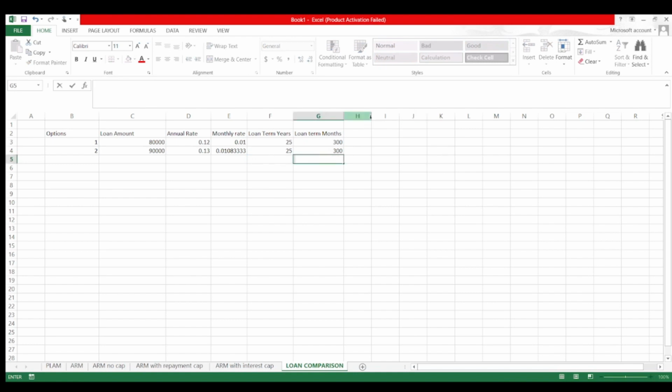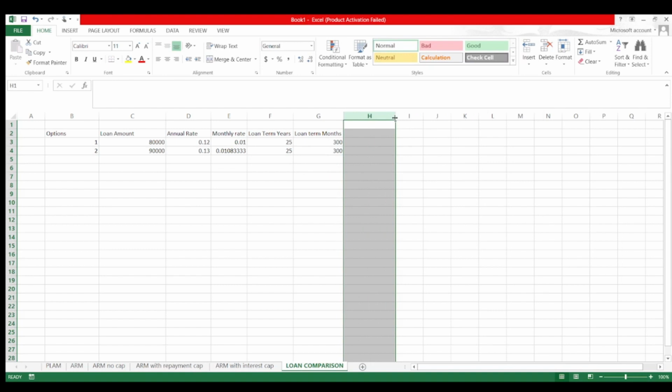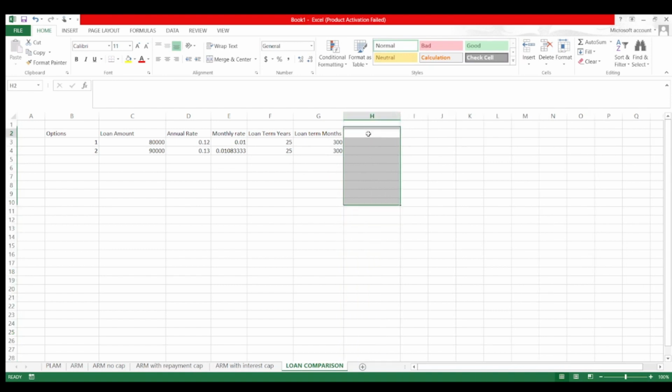First of all, let us calculate the monthly repayments. We use equals PMT. Let's add a negative there so that this answer becomes a positive number.